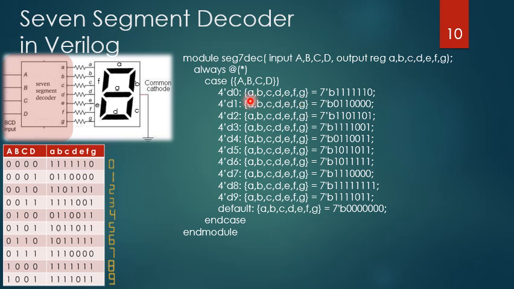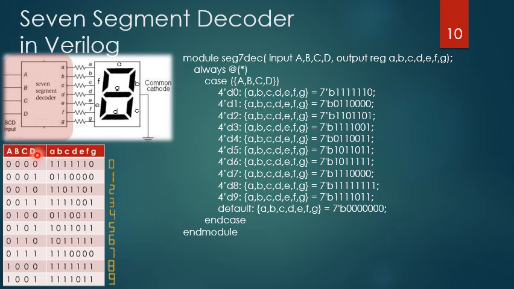I can use a case statement because, as I explained in the previous example, if you have a complete truth table or function table like this, one straightforward way to code it in Verilog is to use the case statement, where under the case you put in the brackets the signal that will determine the output of the 7-segment decoder.